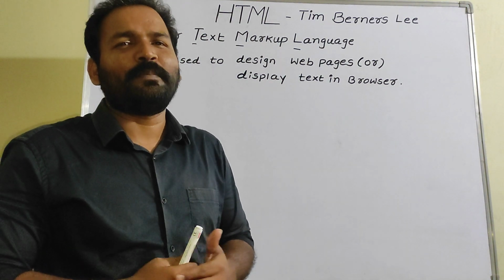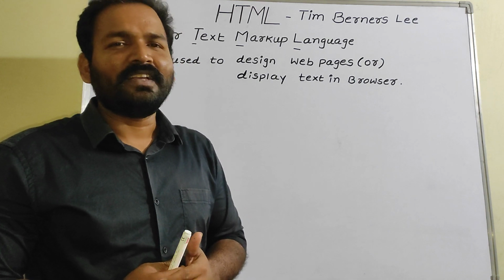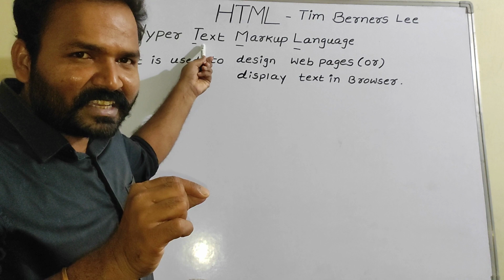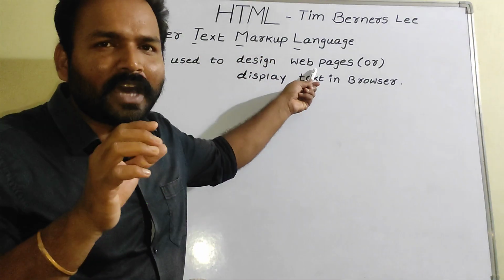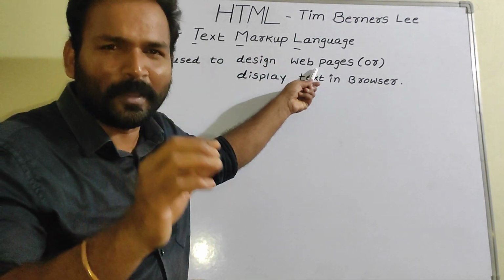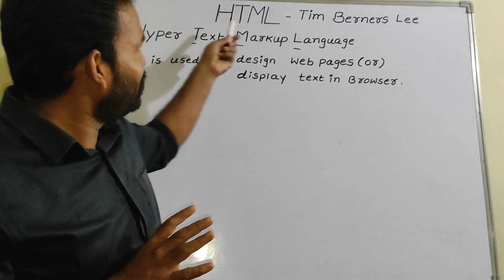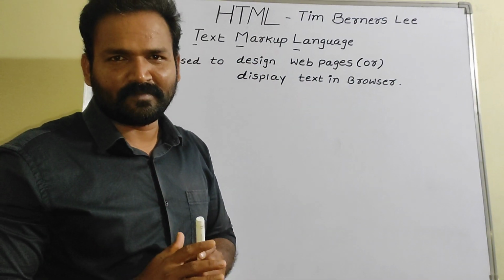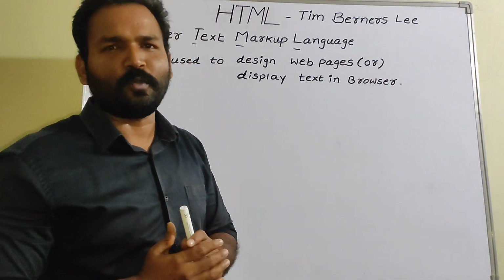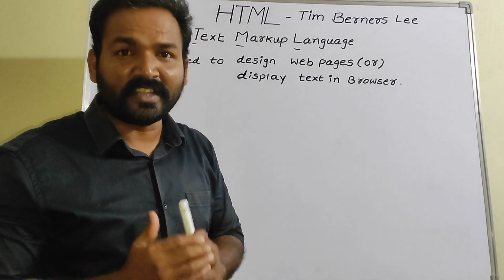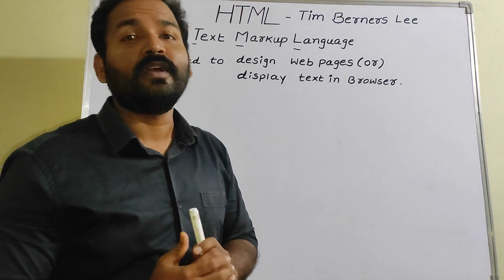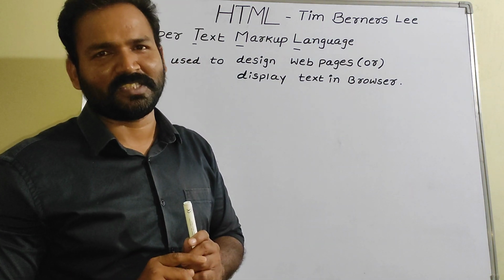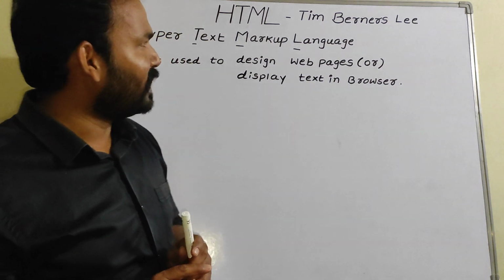Once again, I am repeating quickly. What is hypertext? Hypertext is a text that can produce documents or web pages. Hypertext can contain references to other documents, references to other web pages. Okay, right.